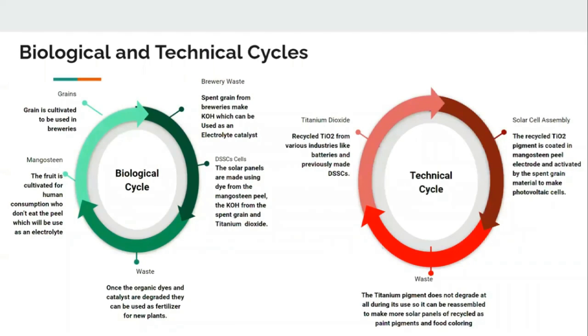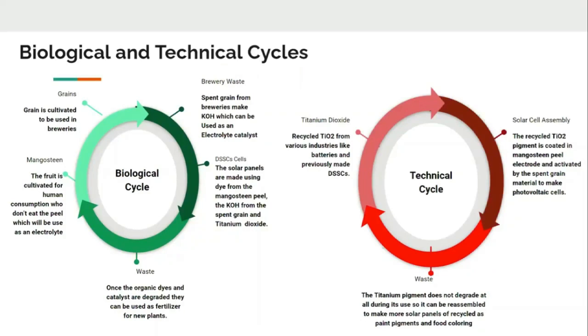And this is the biological and technical cycles. So basically you have the mangosteen being cultivated and the peel not being really used, so it's being given to us. And the grains from the breweries, also the spent grain not being used, so we can make them into the solar cells when combined with the titanium dioxide.